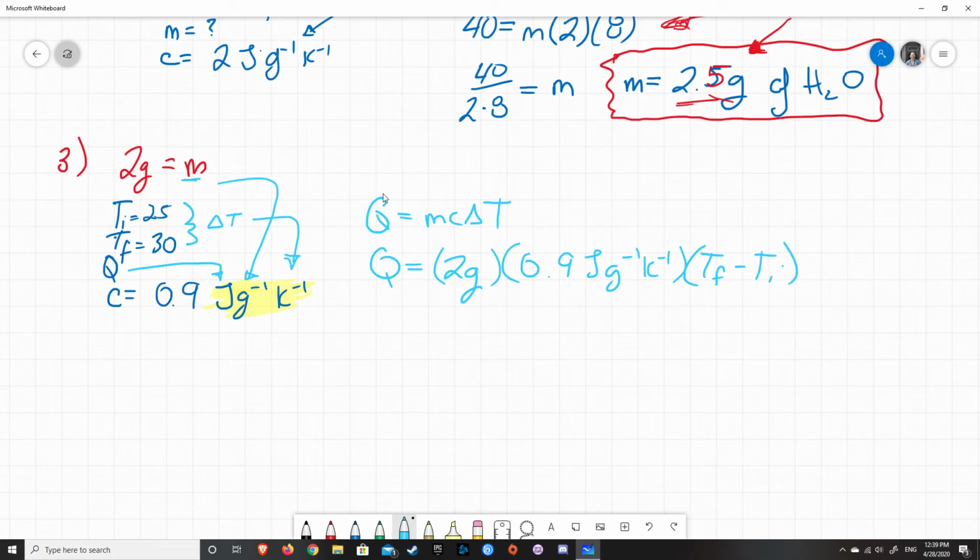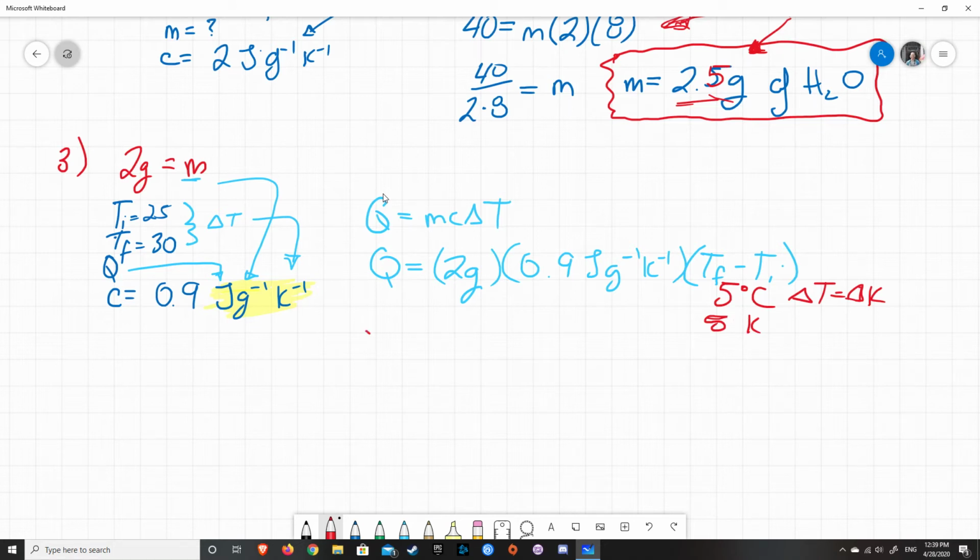So the final temperature minus the initial temperature, where in this case it equals 5 degrees Celsius, and we can convert delta T is equal to delta K. You know, T isn't equal to K, but delta T is equal to delta K. So this is also 5 Kelvin.